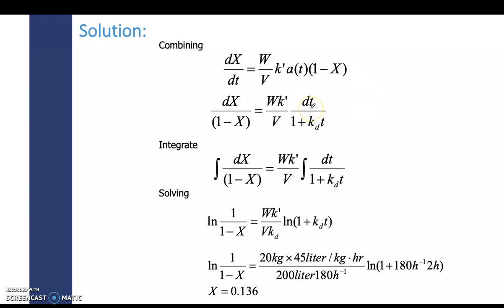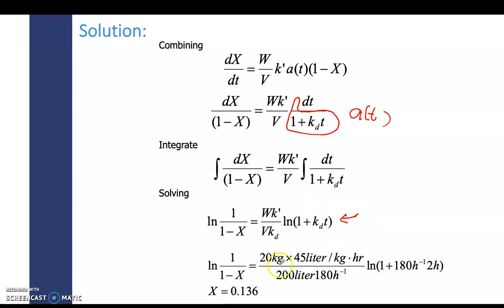the batch reactor design equation. That's why it becomes this. So dX/dt, W over V is this one, right? When you already incorporate At just now, you insert the equation for At, you differentiate, you integrate both equations, then you will end up with this equation.